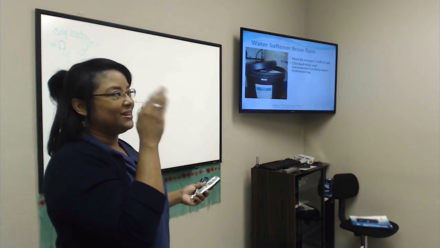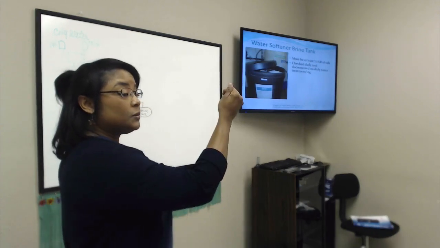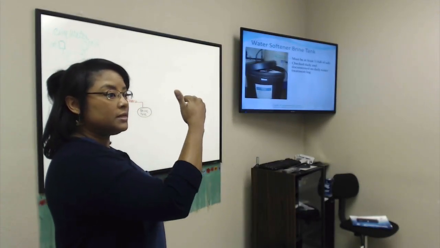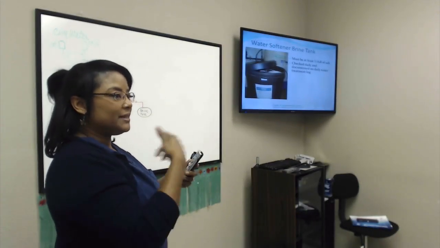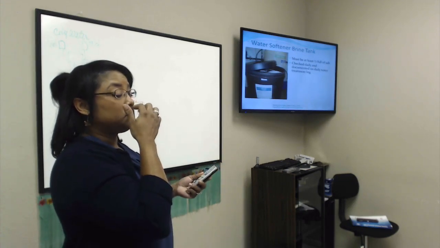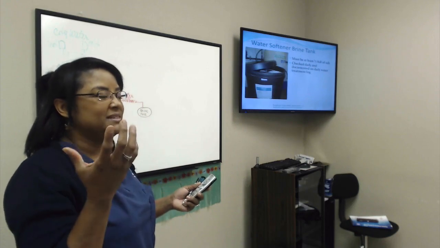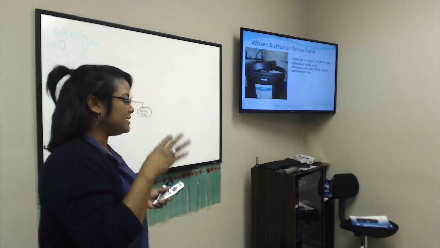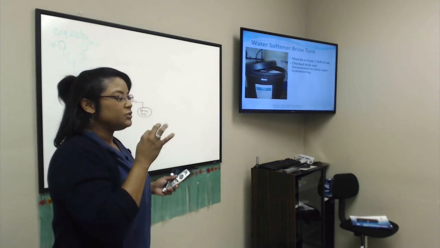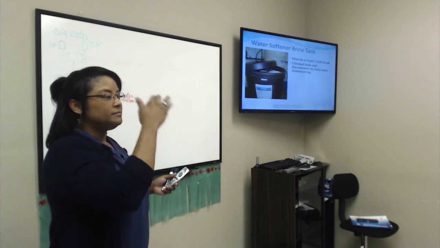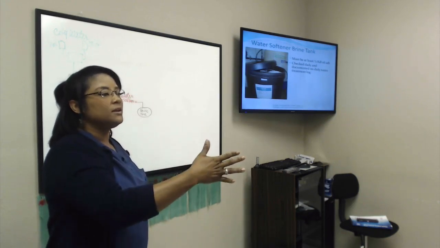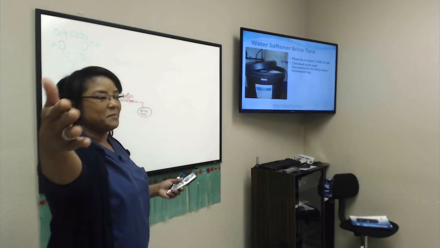So it gives an alert when the salt is low, and it also gives him an alert, which I don't know if that's a good idea, because he drives my daughters crazy. It tells when the water has been running for a certain amount of time.